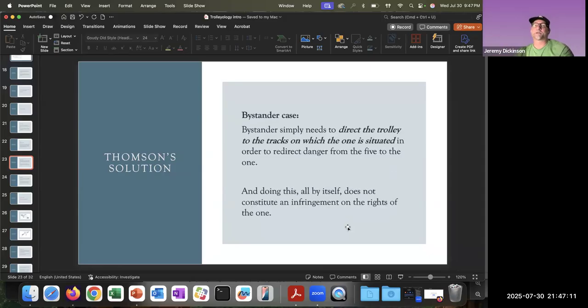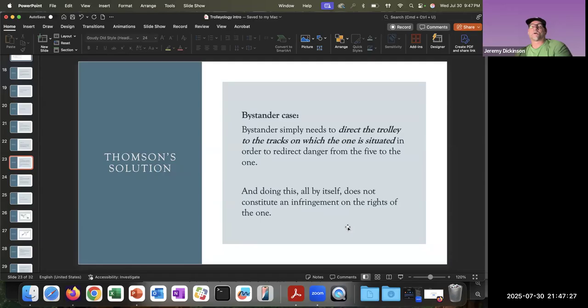Okay, the bystander case. So let's go back to that one. So why does Thomson think that the means taken in that case to killing the one, sacrificing the one to save the five, wouldn't itself constitute a rights violation?